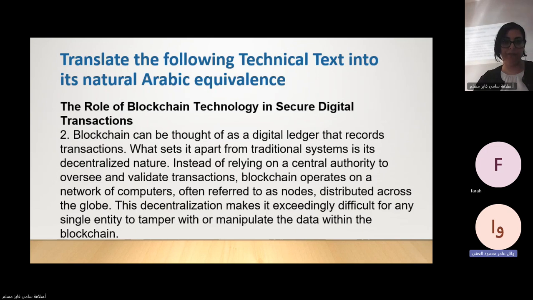Operate on network on computer. يعمل على شبكة من الحواسيب التي تعرف غالبا يعني بالعقد. تشكل عقد. اوكي ايش يعني عقد؟ يعني مترابطة. تشكل سلسلة ترابط ببعضها. اوكي. Distributed across موزع حول العالم. Exactly. Yes.